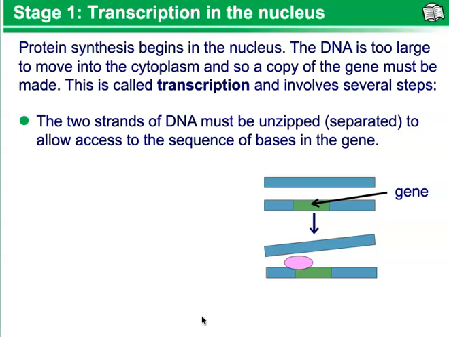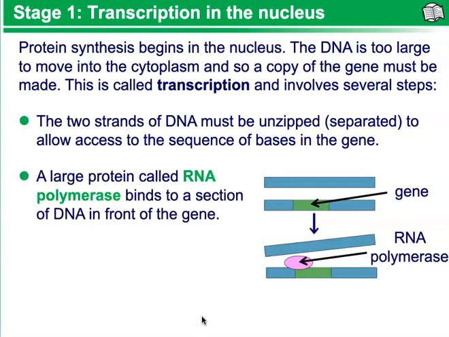The 2 strands of DNA must be unzipped or separated to allow access to the sequence of bases in the gene. There are specific enzymes that allow for the unzipping of a strand of DNA. A large protein called RNA polymerase binds to a section of the DNA in front of the gene.